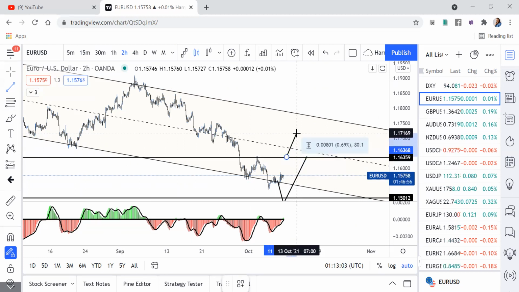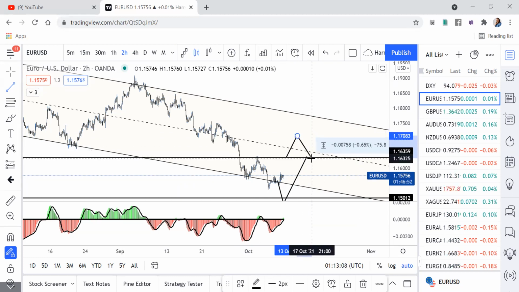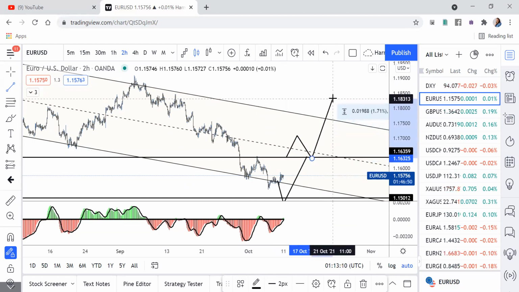So I would need to see a break of structure, a retest, and then a continuation to the upside before I buy EU. This is a 1 hour high. This is 1 hour structure here. This is what you guys have right here. So until EU creates another 1 hour structure, probably may get one here, this is still structure at the moment.